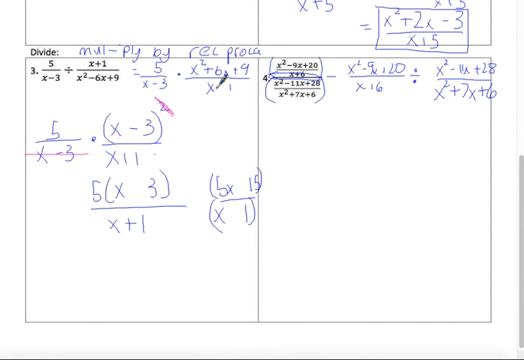So now, again, dividing fractions means multiplied by the reciprocal. So x squared minus 9x plus 20 over x plus 6 times x squared plus 7x plus 6 over x squared minus 11x plus 28.